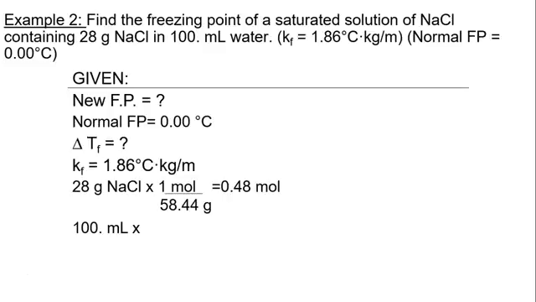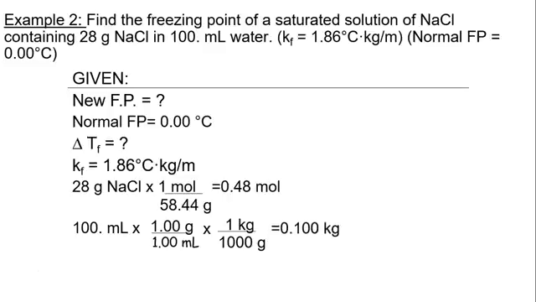To change the milliliters of water, the solvent, into kilograms, I have to use the density of water. And I know that for every 1 gram of water, I have 1 milliliter. So I'm using that density to do that, which really just means I have 100 grams of water. Then I'm going to change that into kilograms. I know that 1 kilogram is 1,000 grams.